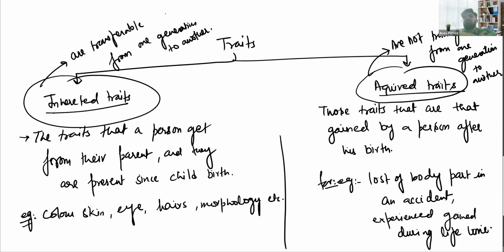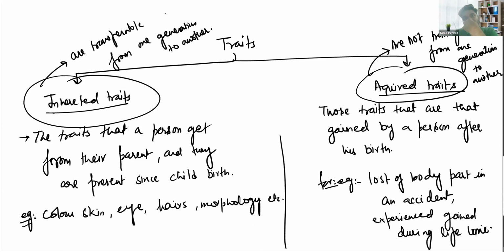So if I ask you a simple question: if a person cuts the tail of a rat, and the next generation comes, it also has a tail, then he again cuts the tails.